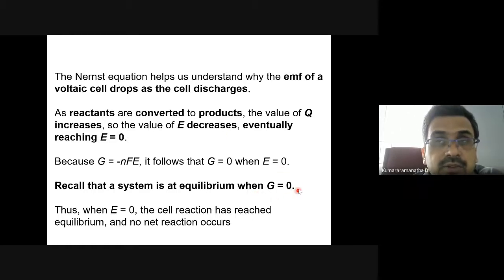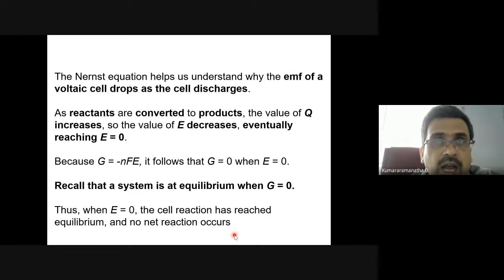Also remember, when the system is at equilibrium, with equal amounts of products and reactants together, then G is equal to 0. Which means when E is equal to 0, the cell reaction has stopped, or there is no reaction going on. This is just by looking at the Nernst equation.